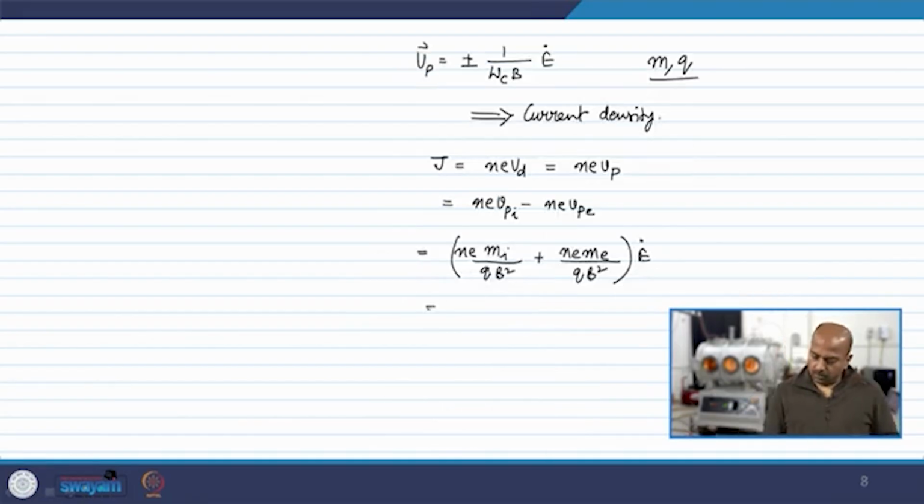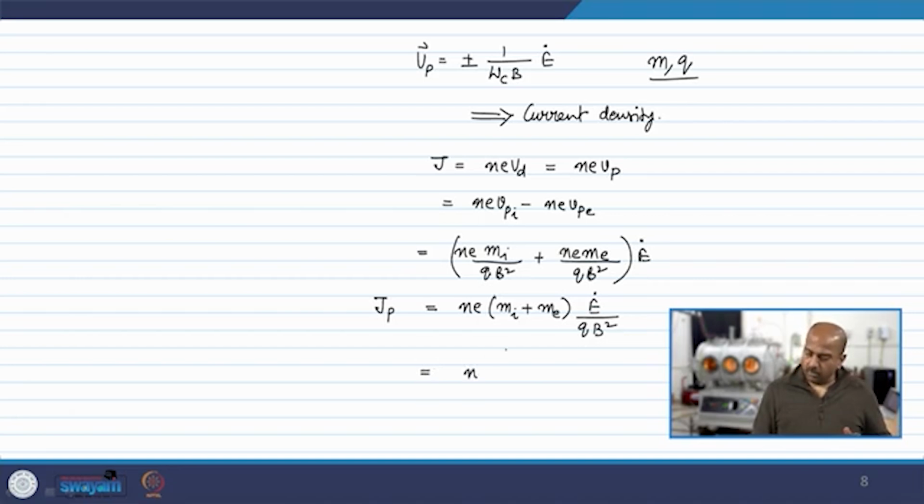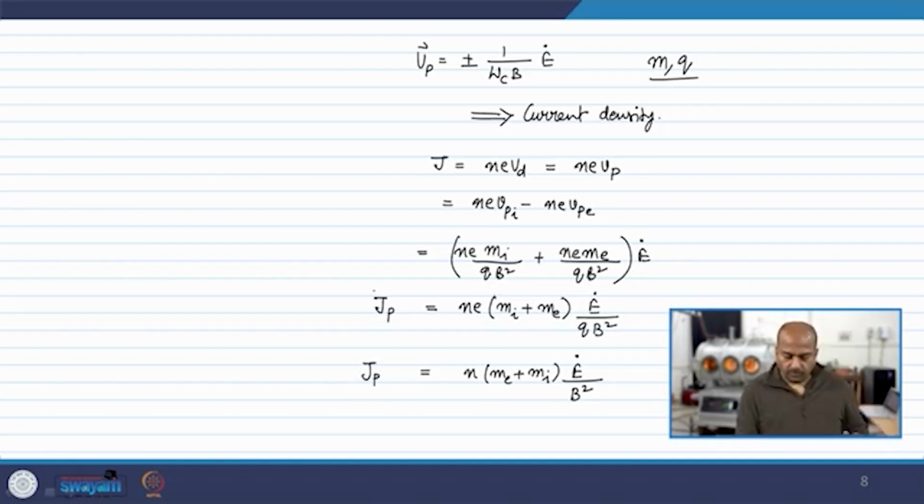So, we can simplify this expression as n e (mi plus me) times E dot by qB square. What is this? This is the polarization current density Jp, or if we assume the charge to be the same, we can write n times (me plus mi) times E dot by B square. This is equal to the current density.